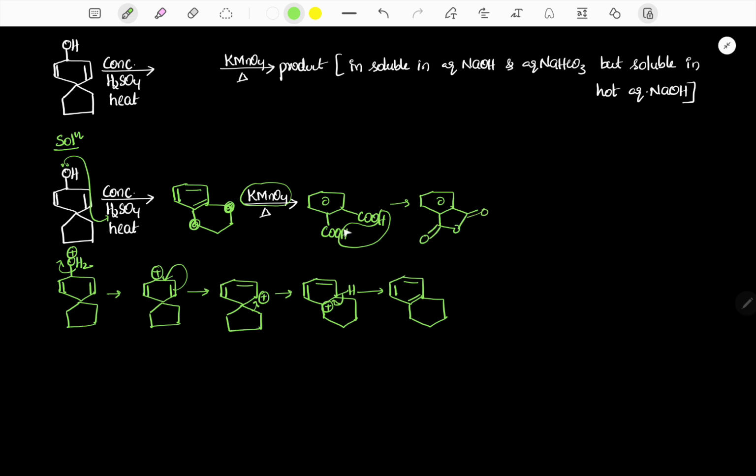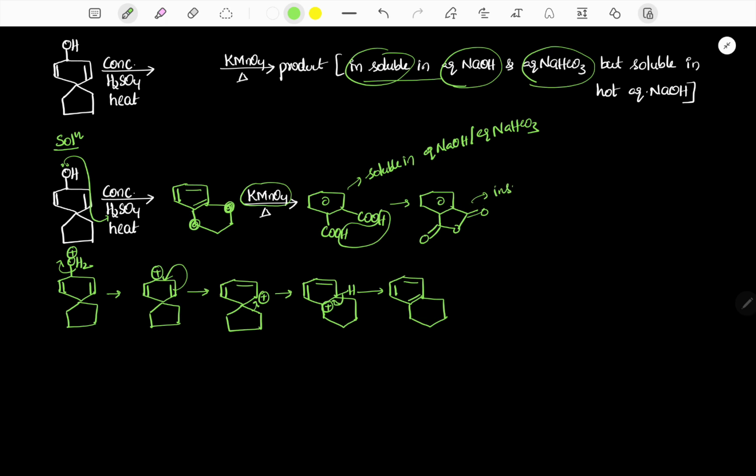So how to decide? Generally we take the carboxylic acid only. But in the given question I have mentioned insoluble in aqueous NaOH and aqueous sodium bicarbonate. The carboxylic acid is soluble in aqueous NaOH and aqueous sodium bicarbonate, but this compound is insoluble. It is an anhydride.